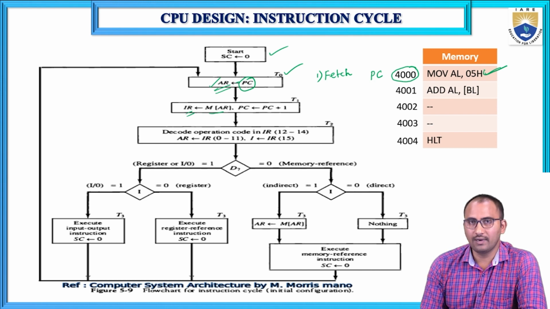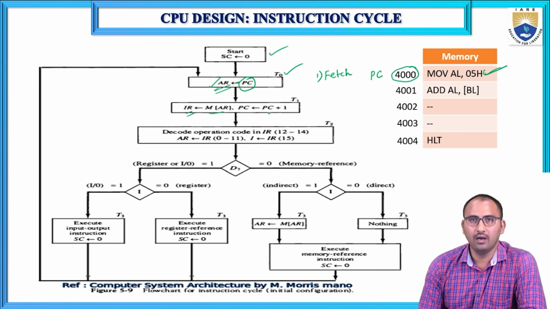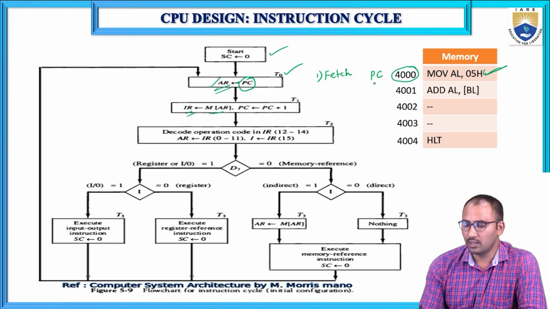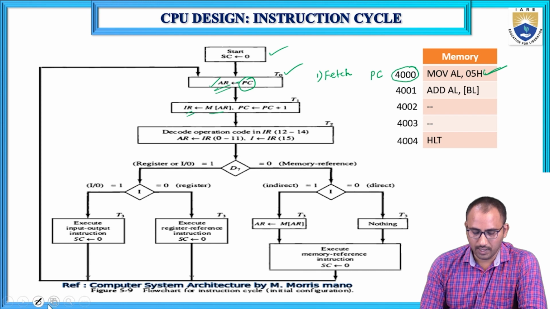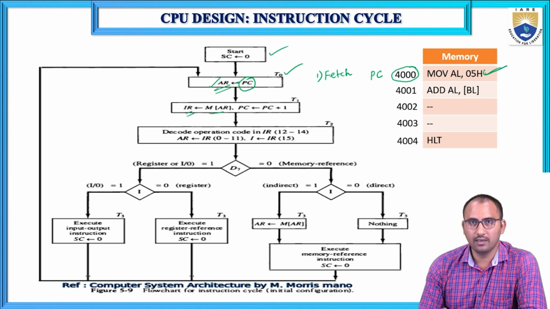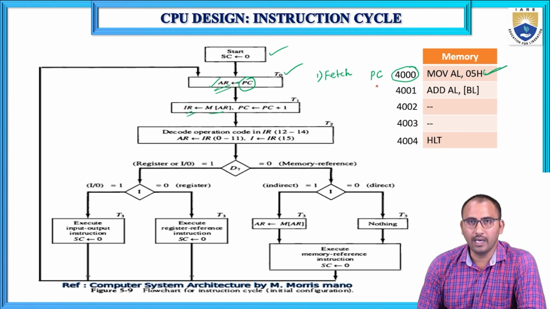After reading, what will happen? Then we have to increment the program counter. Now the program counter holds 4000. After the instruction is fetched from the memory, the program counter value will be incremented by 1.